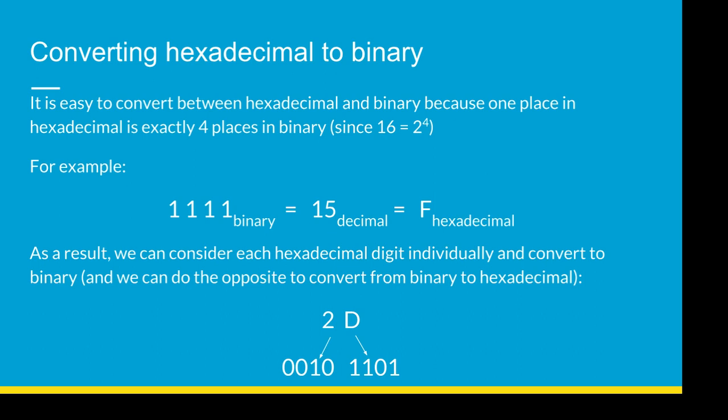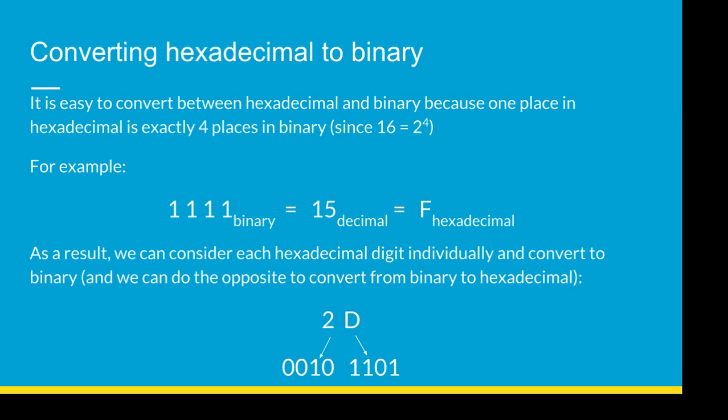But with hexadecimal, we can go directly from hexadecimal to binary, or binary to hexadecimal. And that's because one place in hexadecimal is exactly 4 places in binary, because 16 is 2 to the 4th.